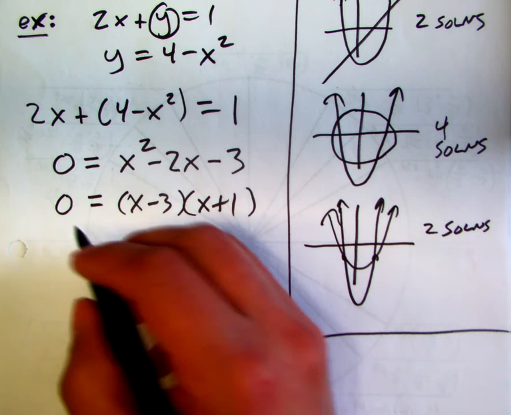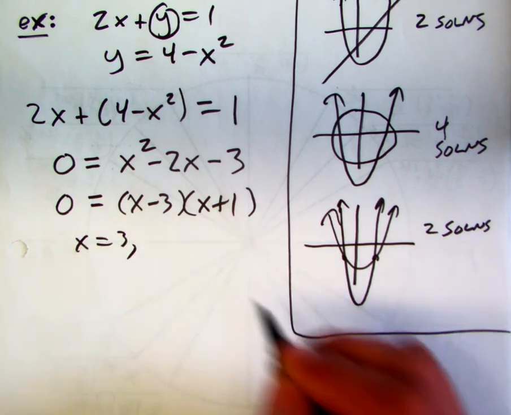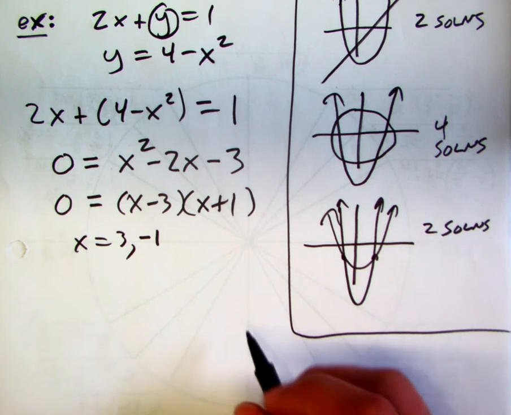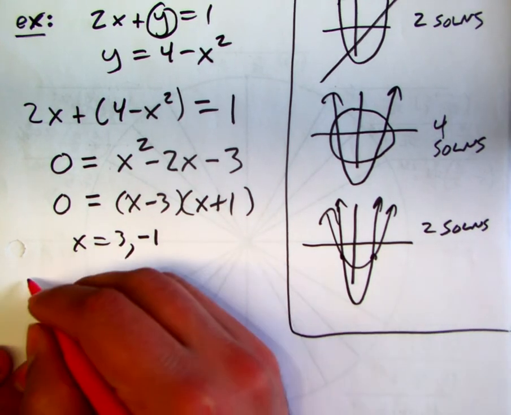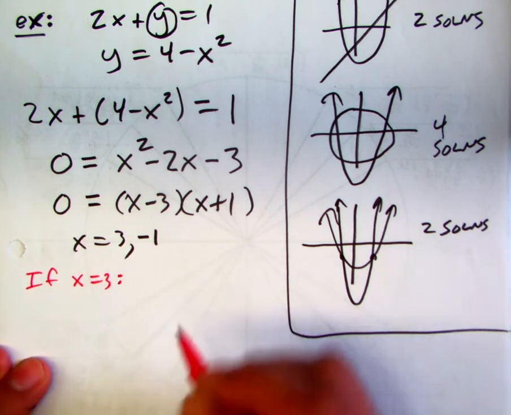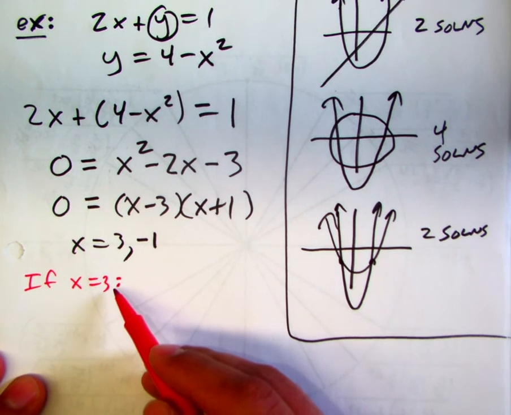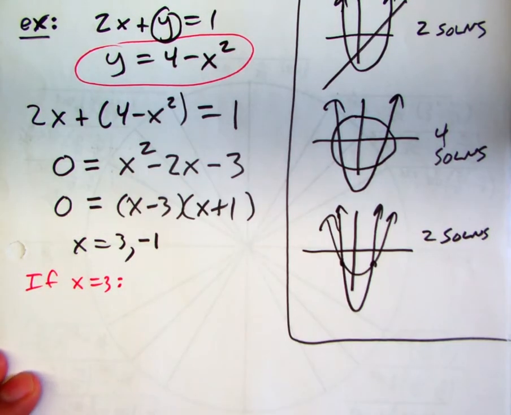So we get two possible values for x. We get x equals 3 and negative 1. Okay, so working with both of these, you kind of do case by case. So if x equals 3, we're going to take x equals 3 and plug it into the y equals 4 minus x squared equation and see what happens with y.